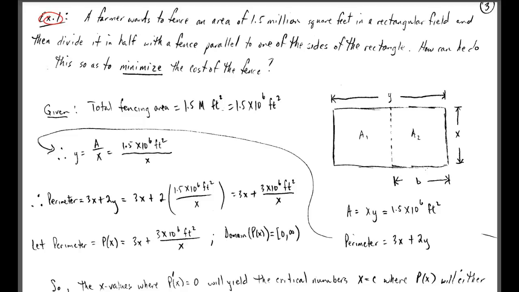Okay, and that's probably to separate the different types of crops or animals or whatever it is that they are trying to produce. So we want to know, how can the farmer do this so as to minimize the cost of the fence? Okay, so we know that the less fencing that the farmer actually puts up, the less he or she's going to have to spend.